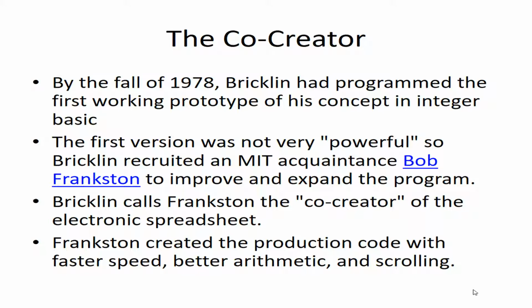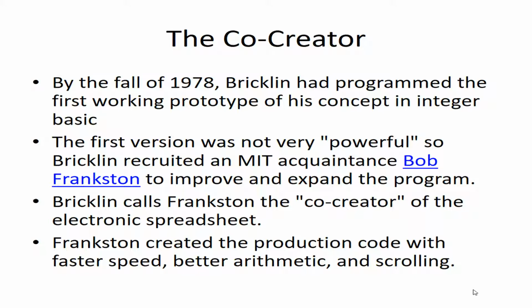By 1978, Bricklin had programmed the first working prototype of his concept in Integer Basic, which was a programming language at that time. The first version was not very powerful. This is why Bricklin recruited an MIT acquaintance called Bob Frankston to improve and expand the program.